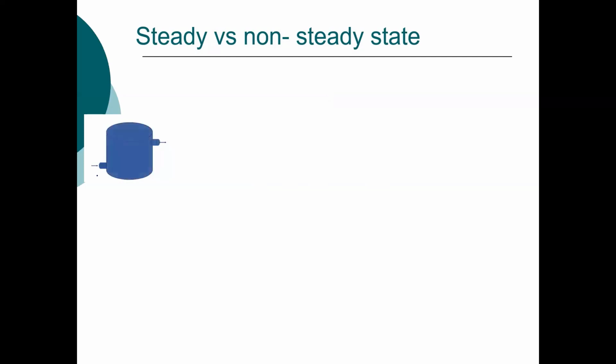If it's a blue dye, the color of this water is going to get darker and darker. Eventually, the concentration in the reactor is the same as the concentration entering the reactor, and the concentration leaving the reactor, because it's non-reactive, would be the same as what's entering the reactor.